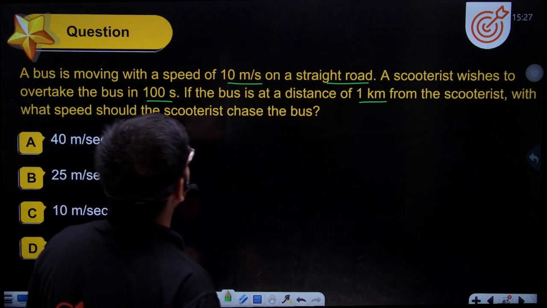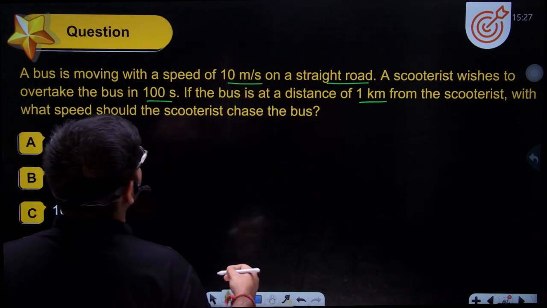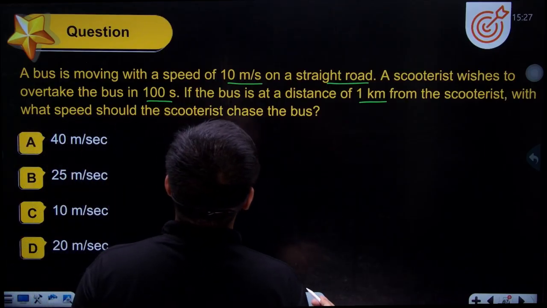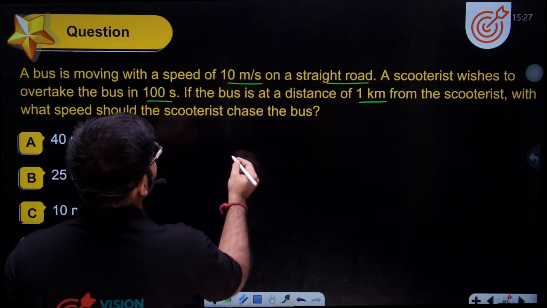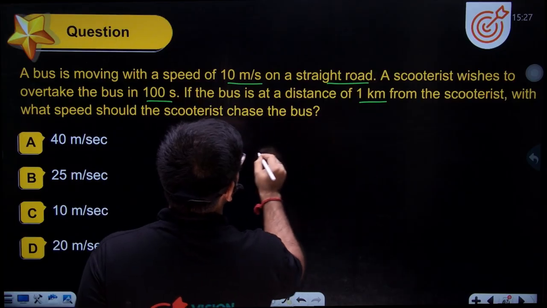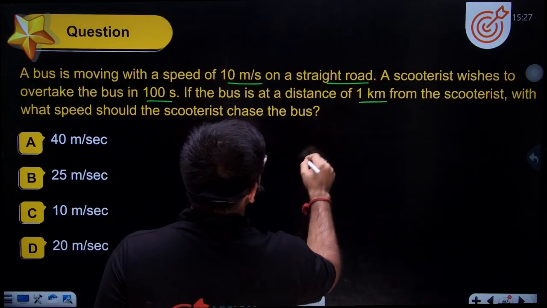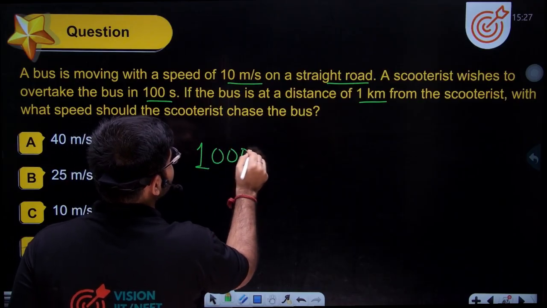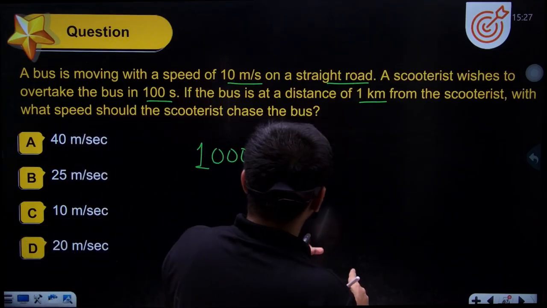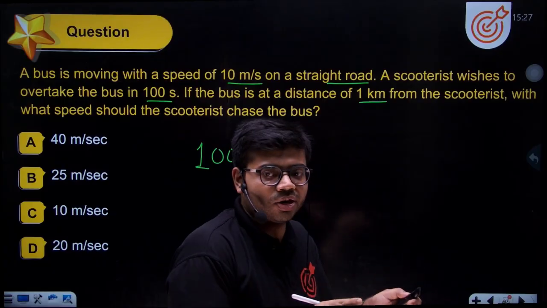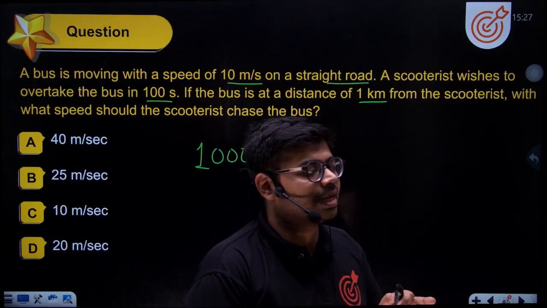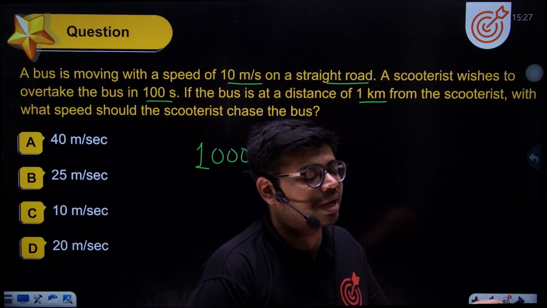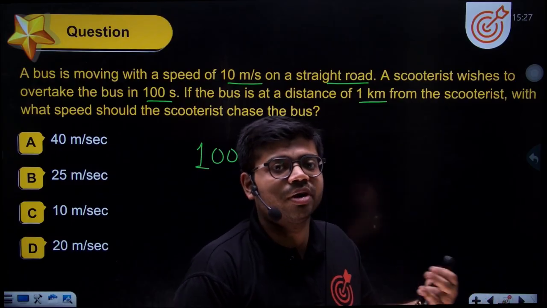The distance that has to be covered is 1 kilometer, so 1000 meter. In order to overtake the bus, the scooterist has to be in the same direction as the bus, and has to have more speed.